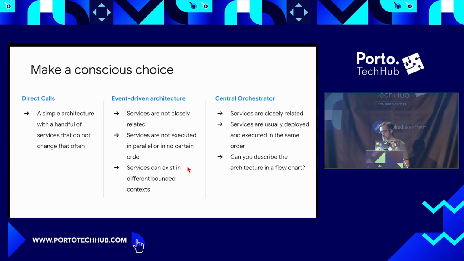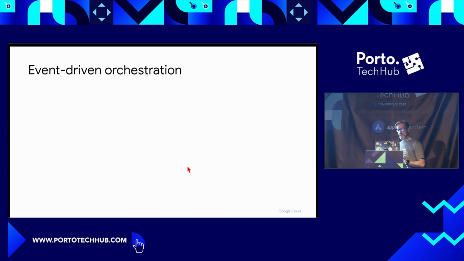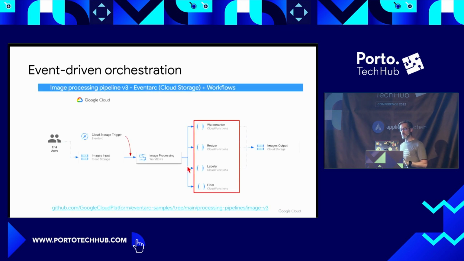Also a good rule of thumb, I would say, is that when you can actually describe your business processes in the form of a flowchart, then maybe it's a good hint that perhaps you should consider using an orchestrator in your architecture.